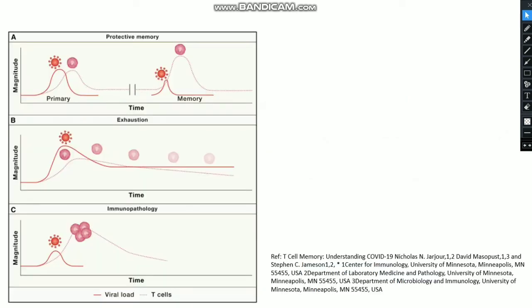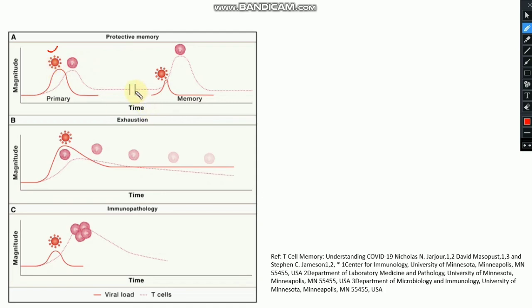And this is another paper in the literature that I found, and here you see different data. When the primary infection occurs, with a virus, the T cells develop, and these T cells eliminate the virus from the human body.